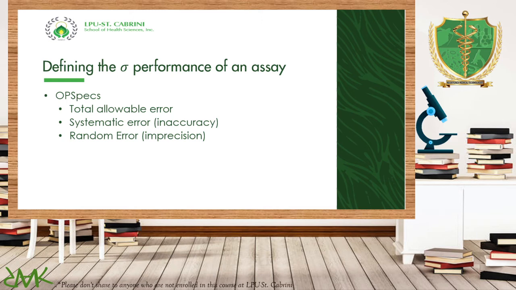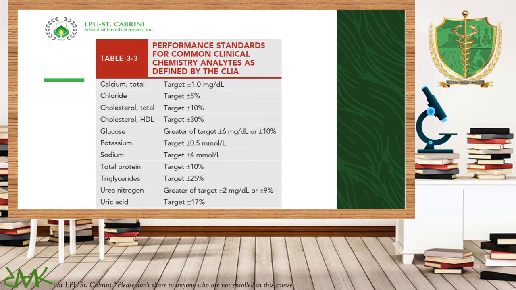And take note guys, when we say systematic error, that deals with inaccuracy of the performance of the assay. And random error is the imprecision in the performance of the laboratory result. Okay, so we have here the performance standards for common clinical chemistry analytes as defined by the CLIA. So these are the expected errors for some of the common clinical tests in the clinical chemistry section.